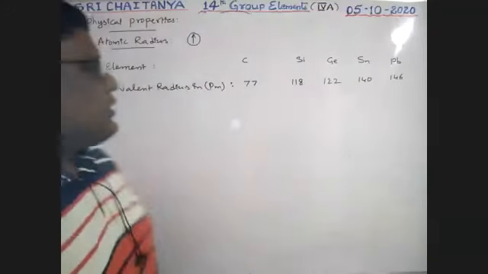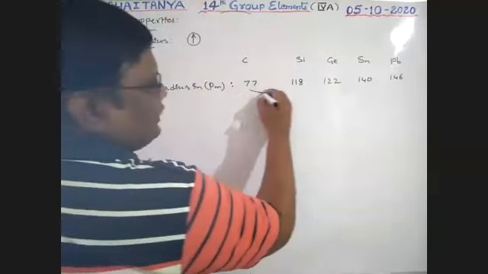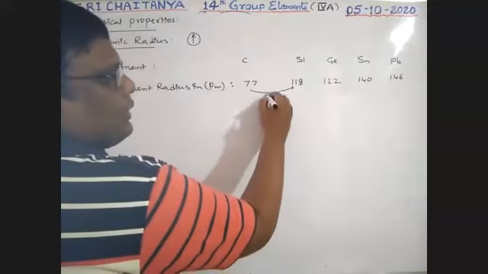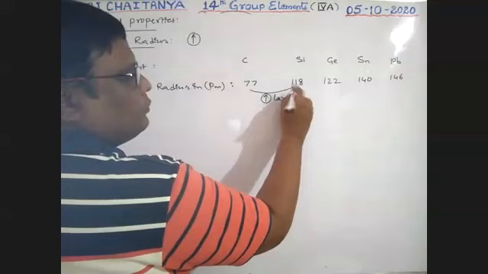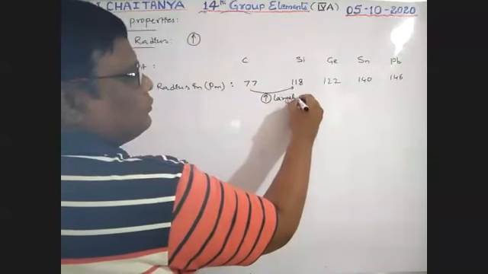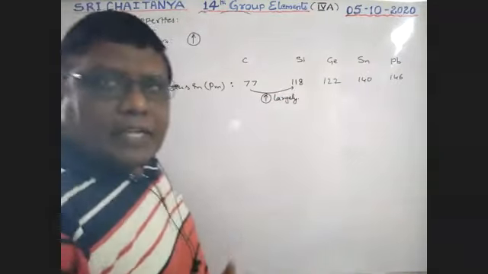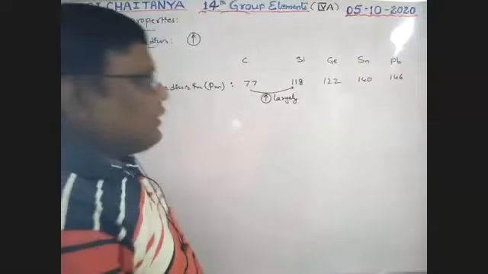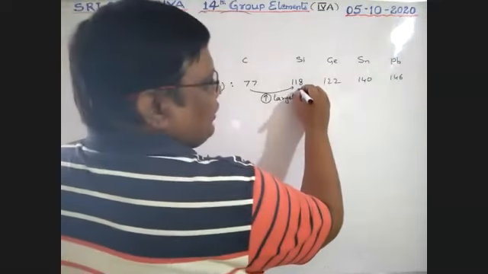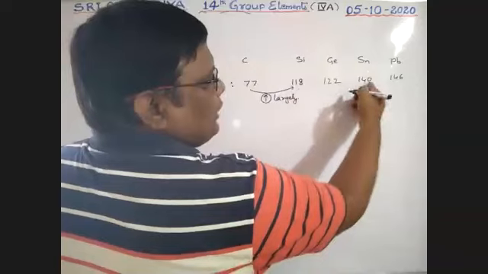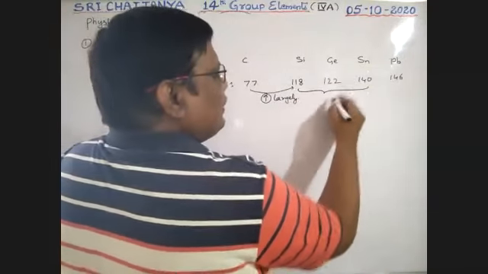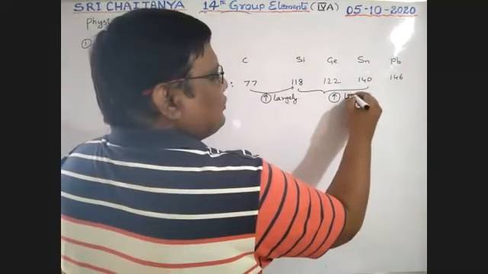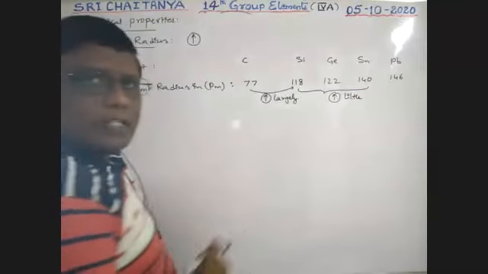Let us observe. From carbon to silicon the size increases largely, so a greater increase in size from carbon to silicon. After that, silicon to germanium, germanium to tin, these increase only a little, boys.